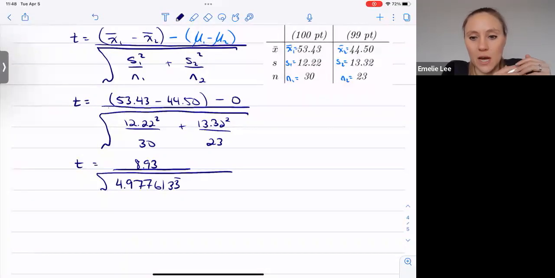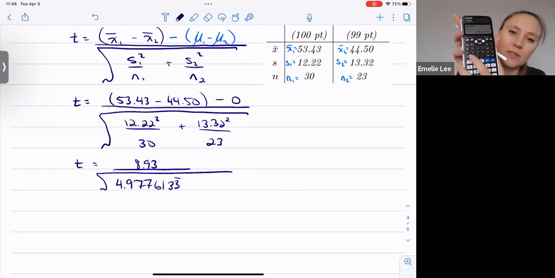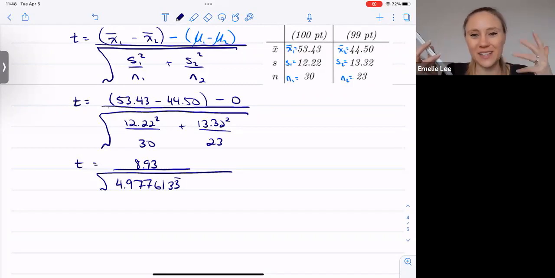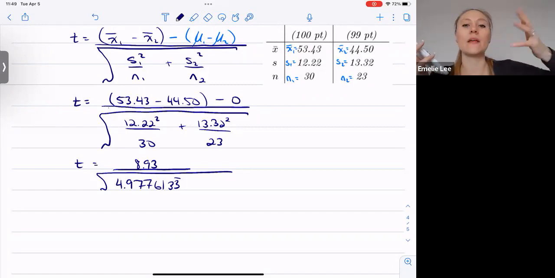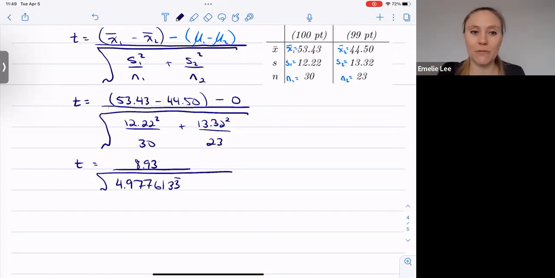Again, if you don't know how to store things in your calculator, a lot of calculators will have a store button. And for these calculations especially, it's going to be really useful because then you can store it and bring it back, and you'll have all your decimal places, which is what we should have, right?